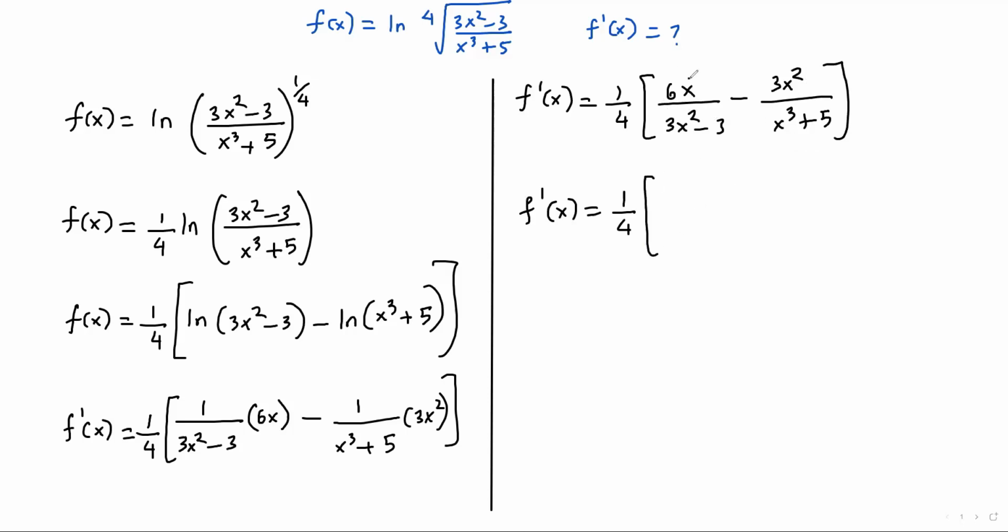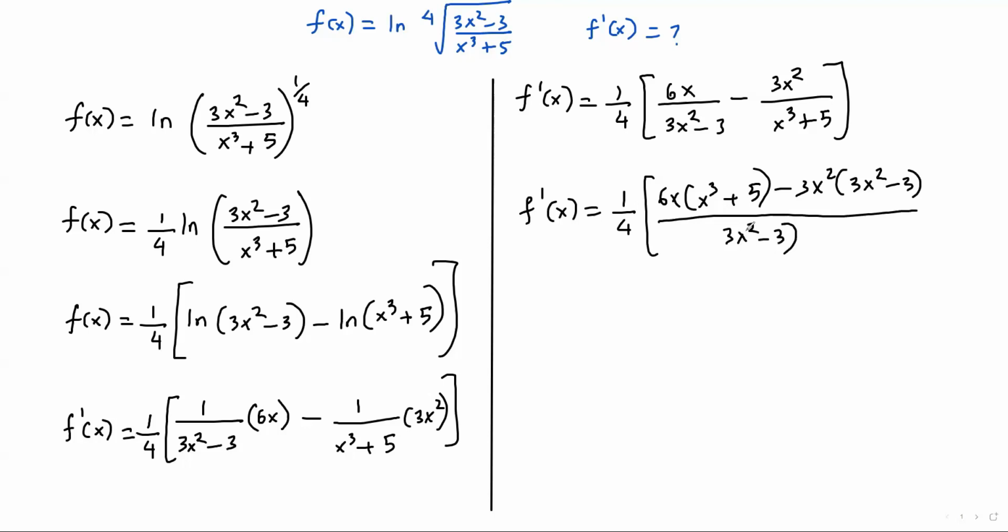So first I multiply 6x by x³ + 5. I get 6x times (x³ + 5) minus 3x² times (3x² − 3), over the product of the two denominators: (3x² − 3) times (x³ + 5).